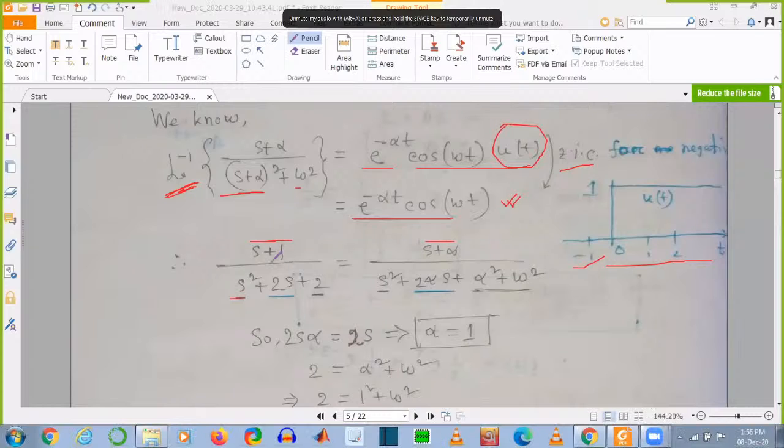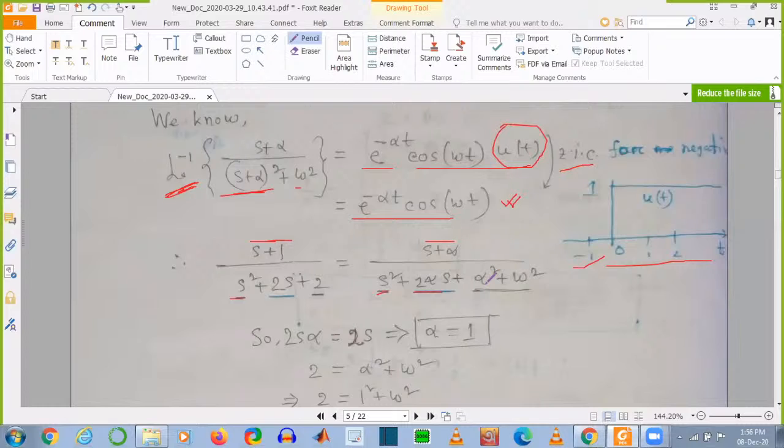So s plus 1 here, and (s plus alpha) square. We can write that (s plus alpha) square equals s square plus 2 alpha s plus alpha square, right? Is that okay? Yes, sir.